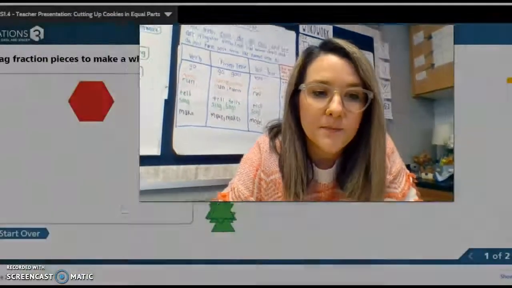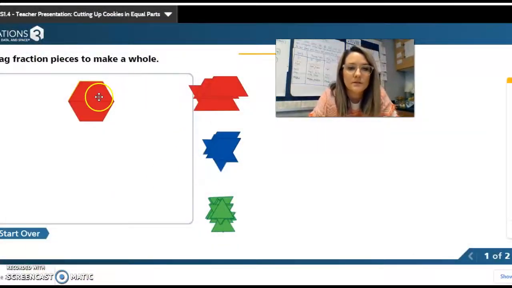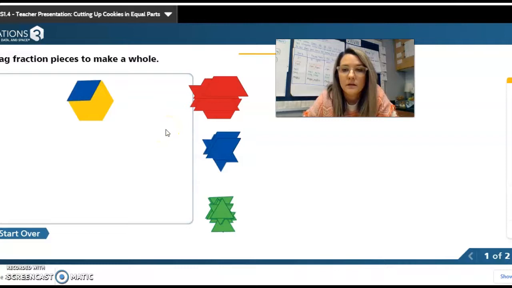Okay, what about the rhombus? What fractional piece is 1 rhombus? Well, we said we needed 3 to make 1 whole hexagon. So what fractional piece is 1 rhombus?